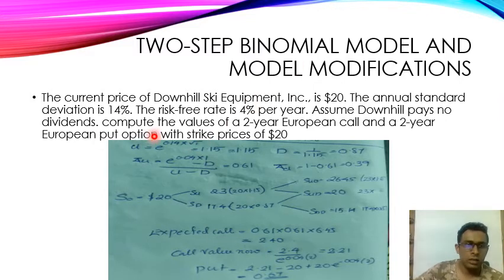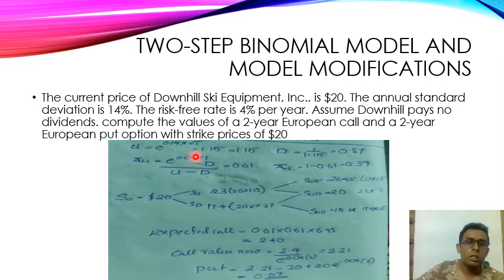First, we have to compute U and D, the upper state and lower state of our stock price. So U is equal to e raised to sigma into root of T, where T is equal to 1. One key point to remember is, even though the period is 2 years, don't take T as 2. We have to compute it in a systematic manner. First we find the value of our stock at year 1, and then move forward to year 2.